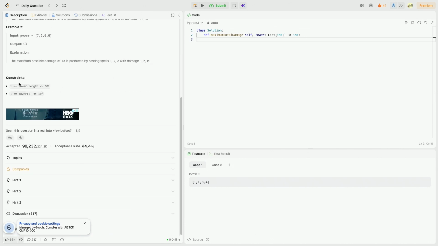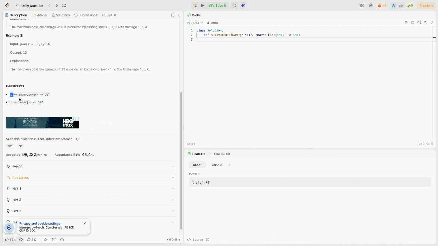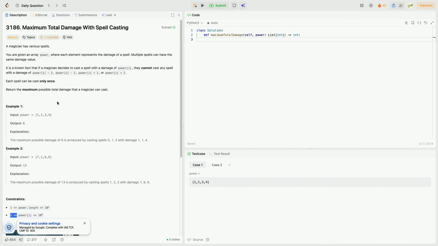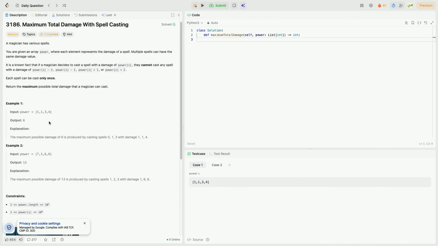And in terms of constraints, it's guaranteed that we're at least going to get one spell, and all spells have a positive power value. Right, so let's look at an example here. Example 1. The input array is the power, so each entry in this array is a spell.